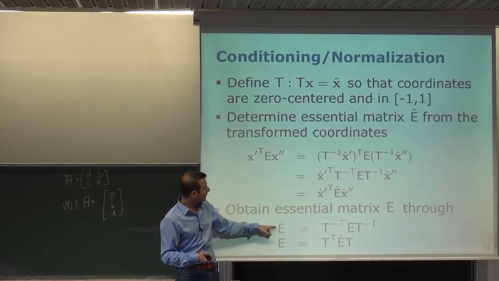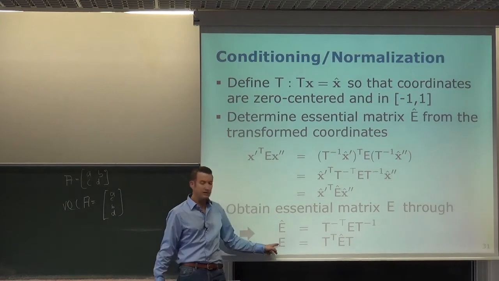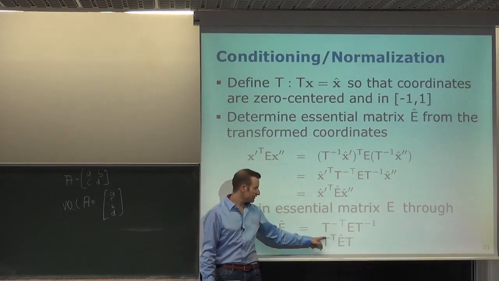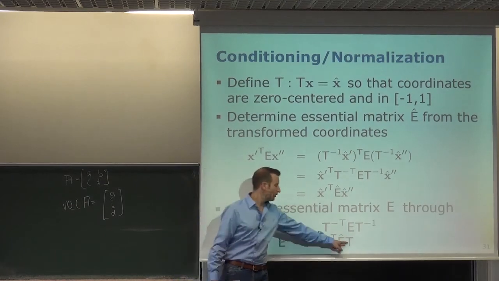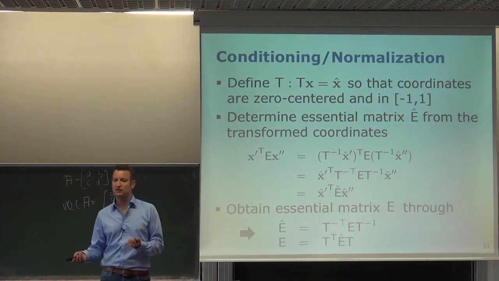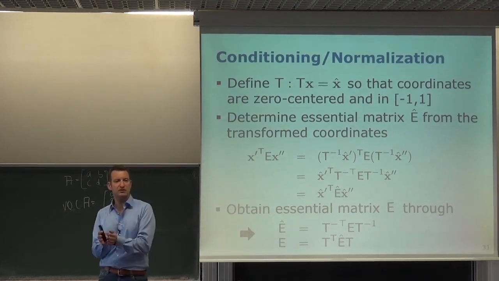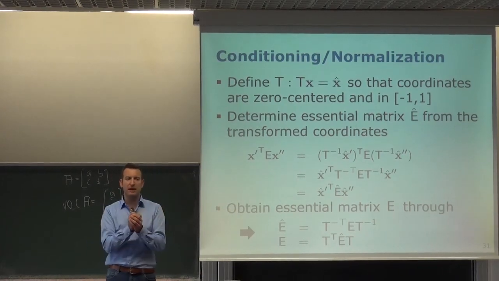So if I want to convert from the essential matrix that I estimated to the original essential matrix, I just have here T transposed T. So there's a very easy mapping between this transformation and the essential matrix that I computed, because I computed the essential matrix for this different coordinate system, and so I need to do the mapping back.